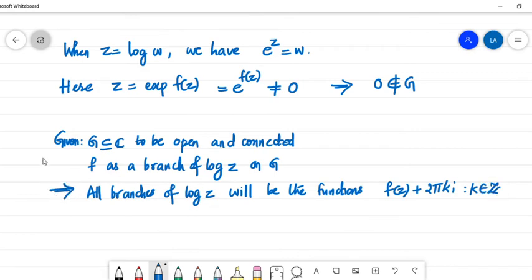This is what our proposition 2.19 is talking about.